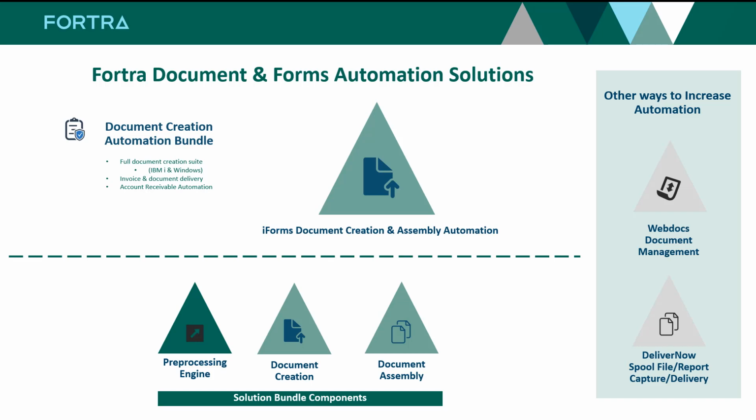Another example would be an invoice being created and we need to attach terms and conditions. Now, terms and conditions can be created directly with the document creation process, but in some cases, we need to assemble a secondary PDF that might be managed by a different department, which they put into an IFS directory or a network share somewhere for us to assemble and attach as a back page.